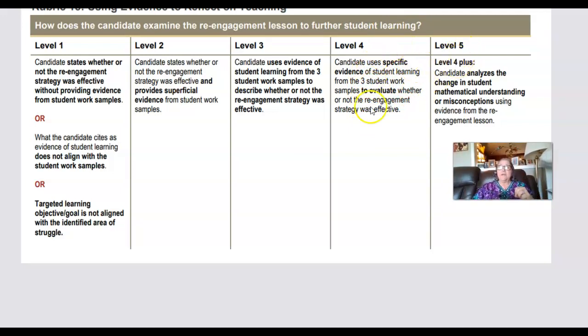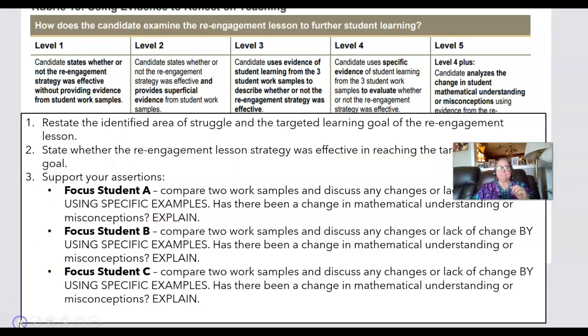And if you can get level 4, you can get up to a 5 if you're able to analyze the change in student work by discussing how it applies to their mathematical understanding and misconceptions, and talking about how that also relates to the new strategies that you used in the re-engagement lesson.